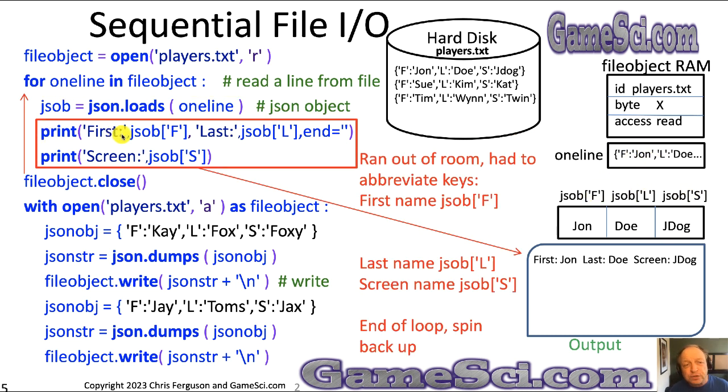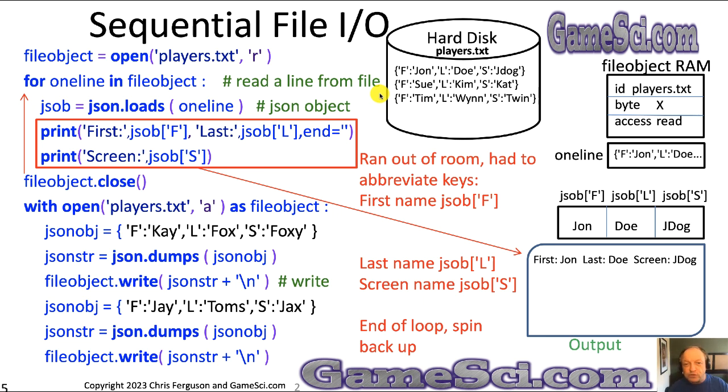Print first colon and then the F entry of the file, last colon and then the L, and screen and then the S, from jsob. I have to confess, I ran out of room. I had to abbreviate the keys. I really wanted to use first name or first here, but I only have so much room on these slides.